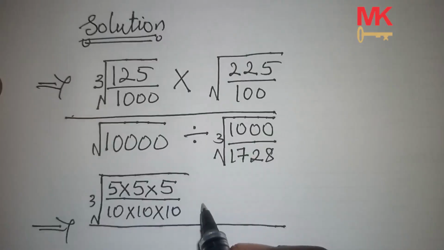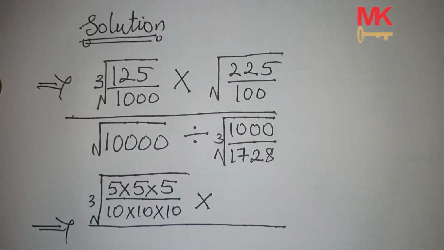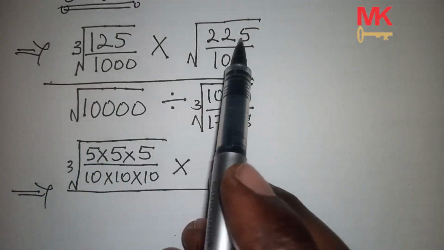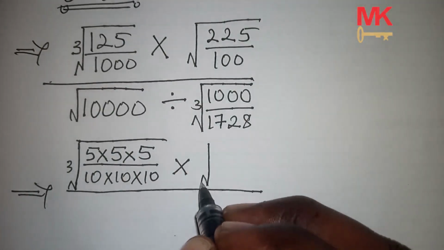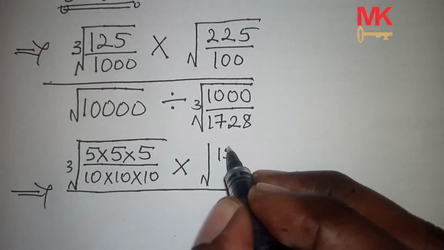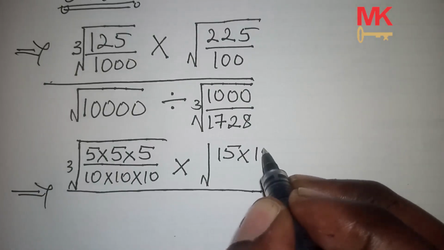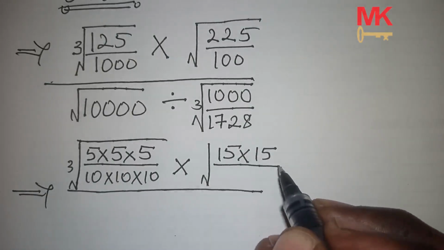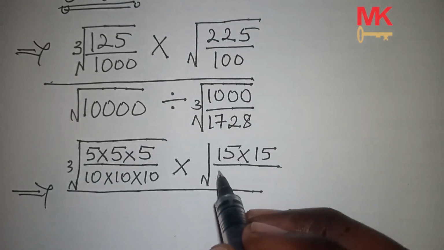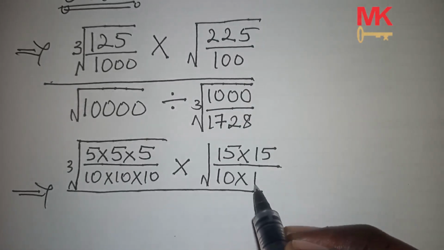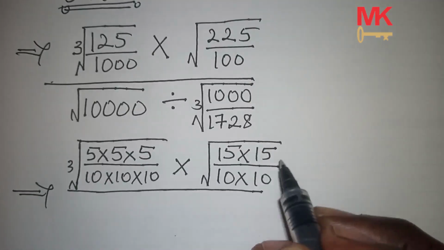Then times 225, which is written as 15 times 15 divided by 100, which is 10 times 10, and all of that.